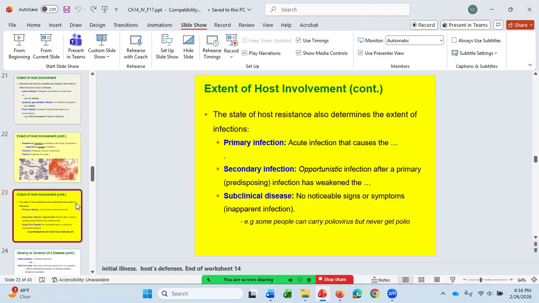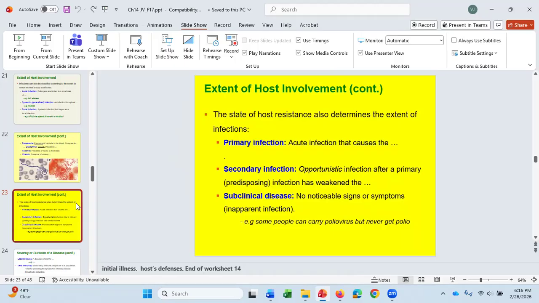All right, some more terms about the extent of host involvement. Primary infection is an acute infection that causes the initial illness. A secondary infection is an opportunistic infection that only occurs after the primary infection has weakened the body's defenses.